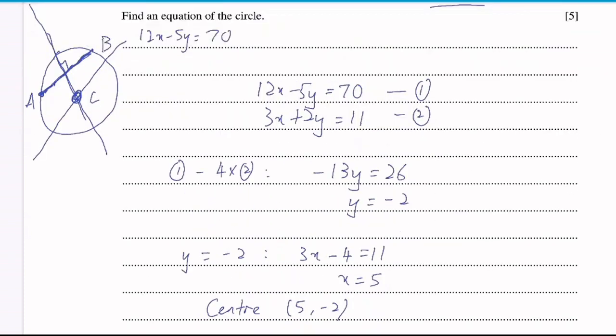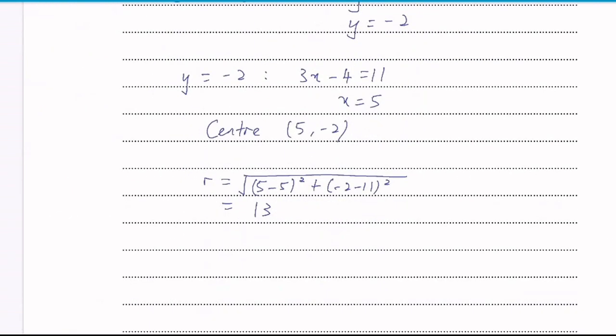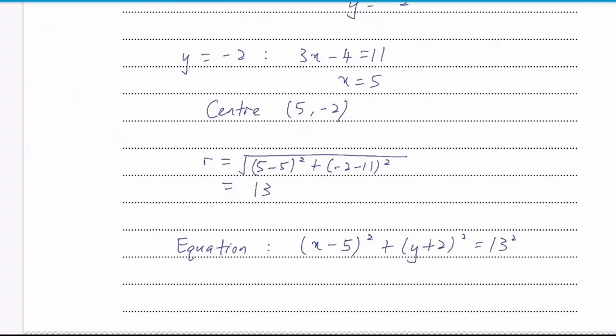The center also has x equal to 5. So the radius is 13, so the equation of the circle is x minus the x coordinate squared plus y minus the y coordinate, which is y plus 2 squared, is equal to 13 squared. You can leave it as 13 squared if you want. Okay, so that is the equation of the circle.